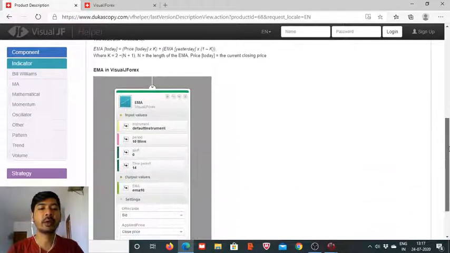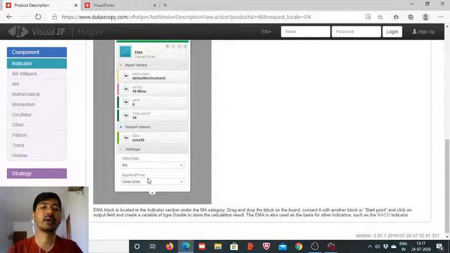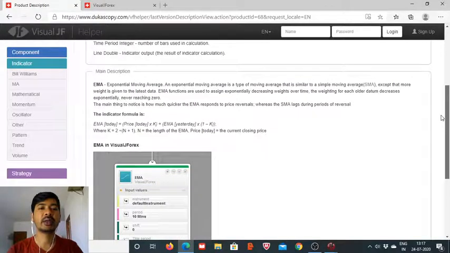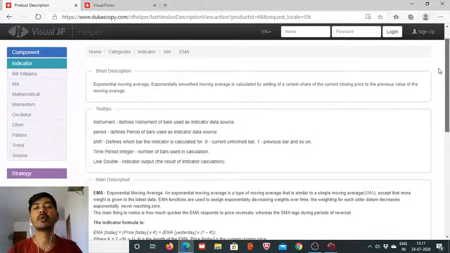This is a Visual JForex block, and we will see its input parameters and output parameters, and also the impact of different settings, how a change in one or two parameters can change the whole output value.